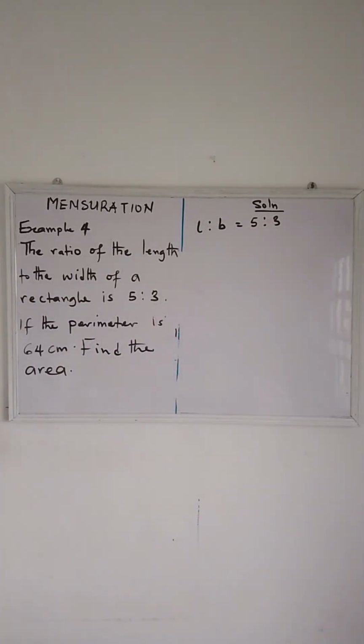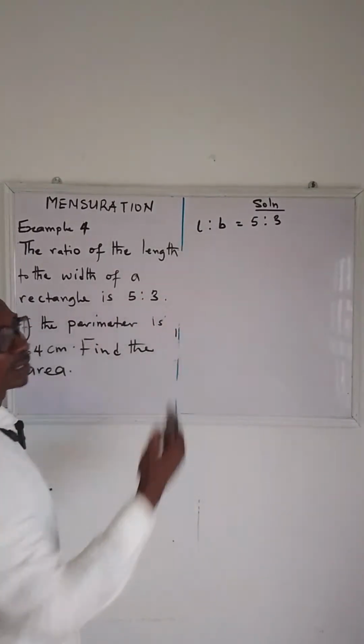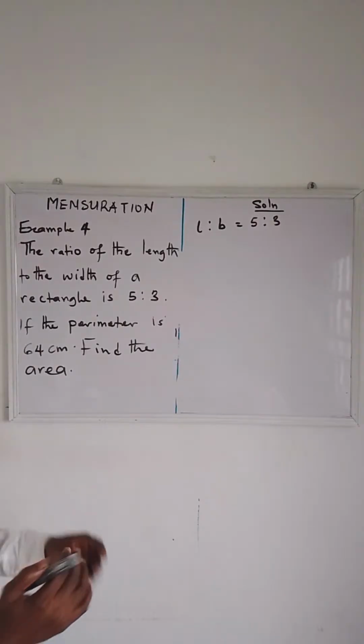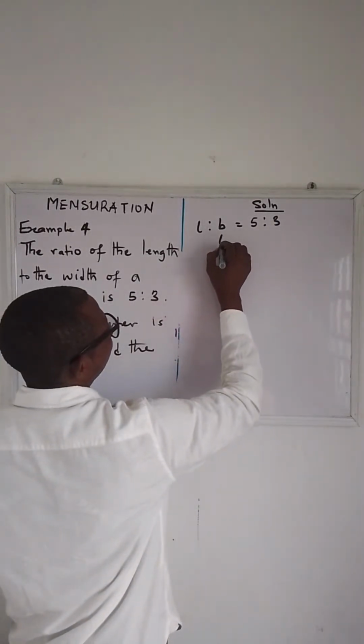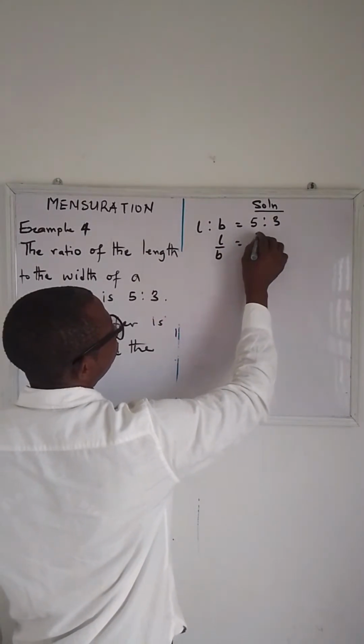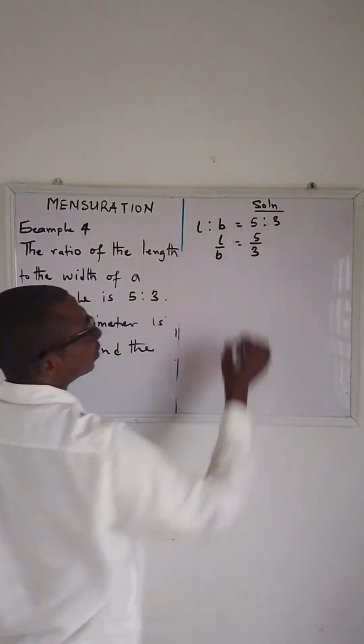Can you see that? In this case, ratio is the same thing as fraction. So you can write it this way: L over B equals 5/3.